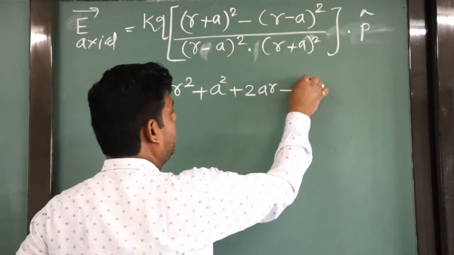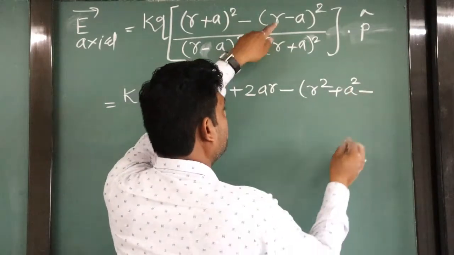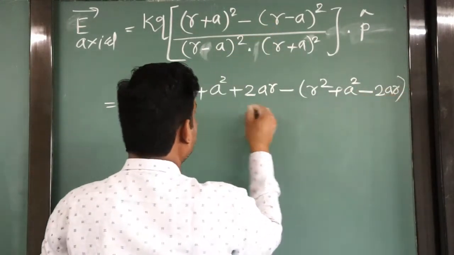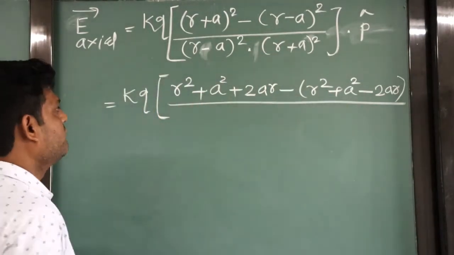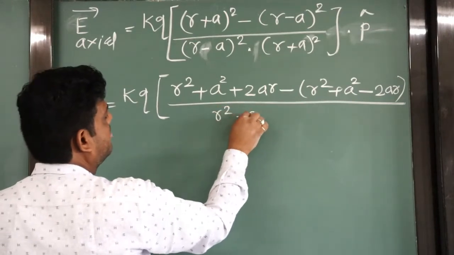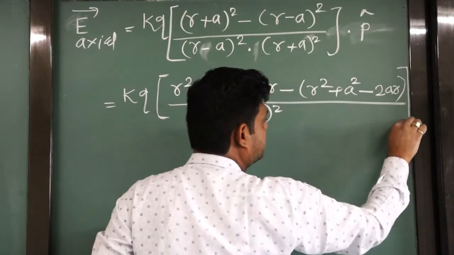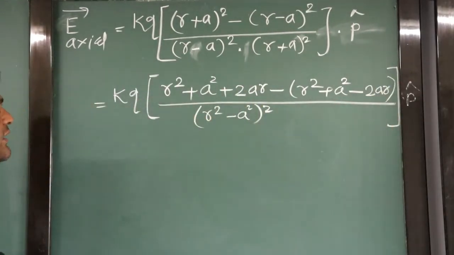See, again r square plus a square minus 2ar, bracket complete, divided by, for this we can write, (r square minus a square) bracket square. Here the bracket is complete and we will write p cap, correct?